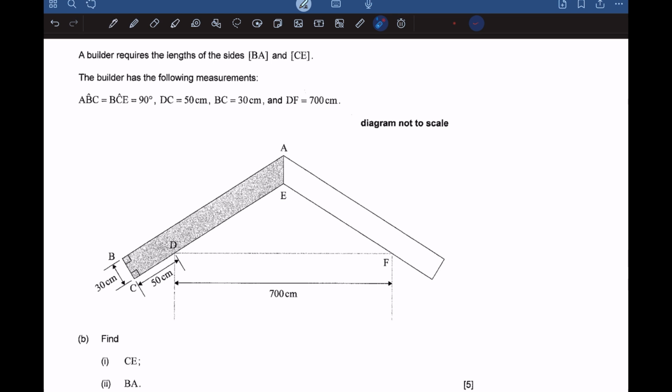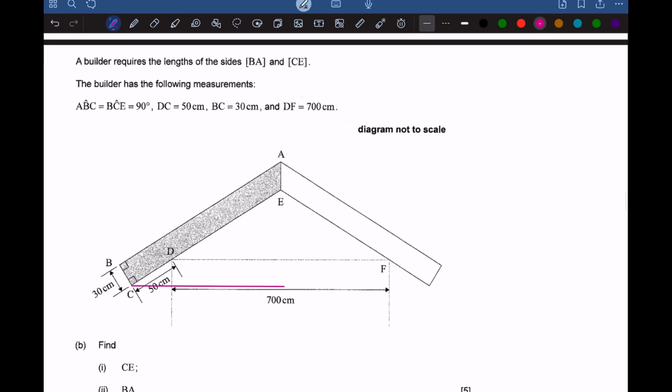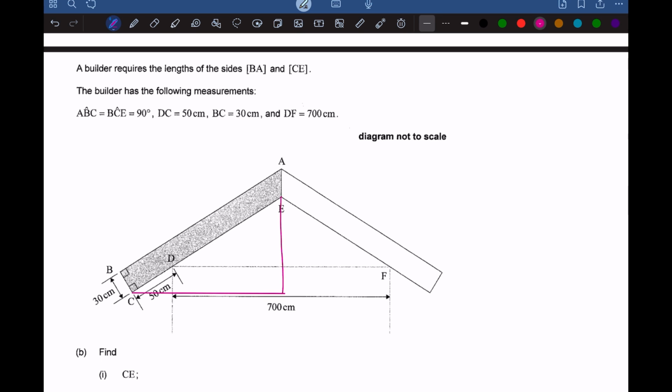Now to find CE, I can make a triangle here actually. So here is this triangle. This angle will be the same as theta, so this angle is 30.26 degrees.